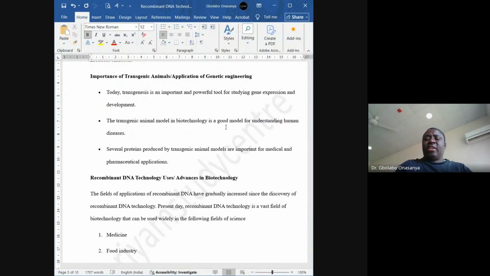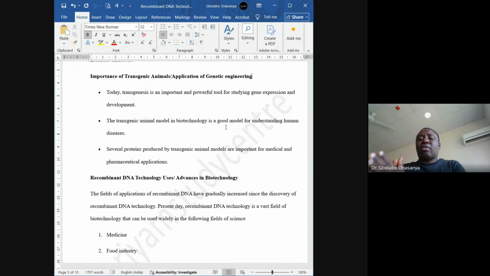We can study how genes, and the proteins produced by genes, respond to certain pharmaceutical drugs or certain medicinal plants. So before we commercialize the drugs, we can study them.